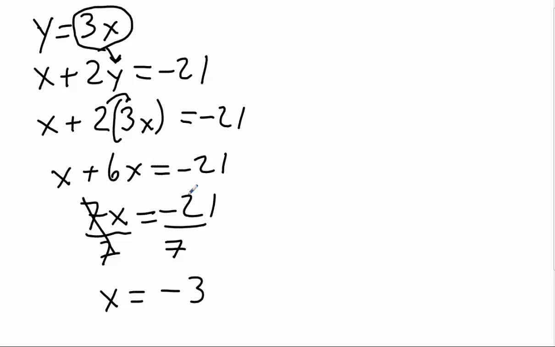So it's pretty easy. But the only trick here, it's not really a trick, is that we only found x. In order to find the solution to this system, we need to find both of our variables. Since we found x, we also need to find y. The nice thing here is we know that y is equal to 3x. We also know that x is equal to negative 3.